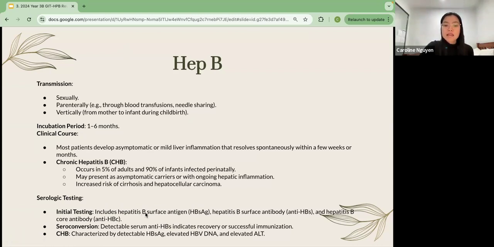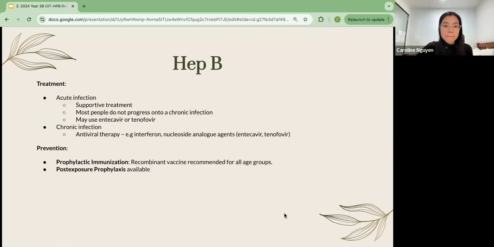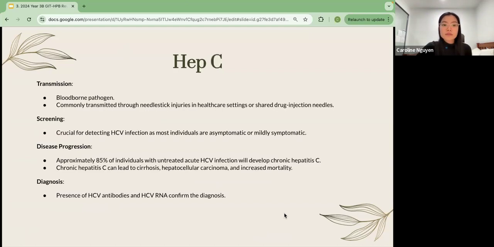If someone has a surface antigen, what does that mean? There is prophylactic immunization, and there's also post-exposure prophylaxis as well.